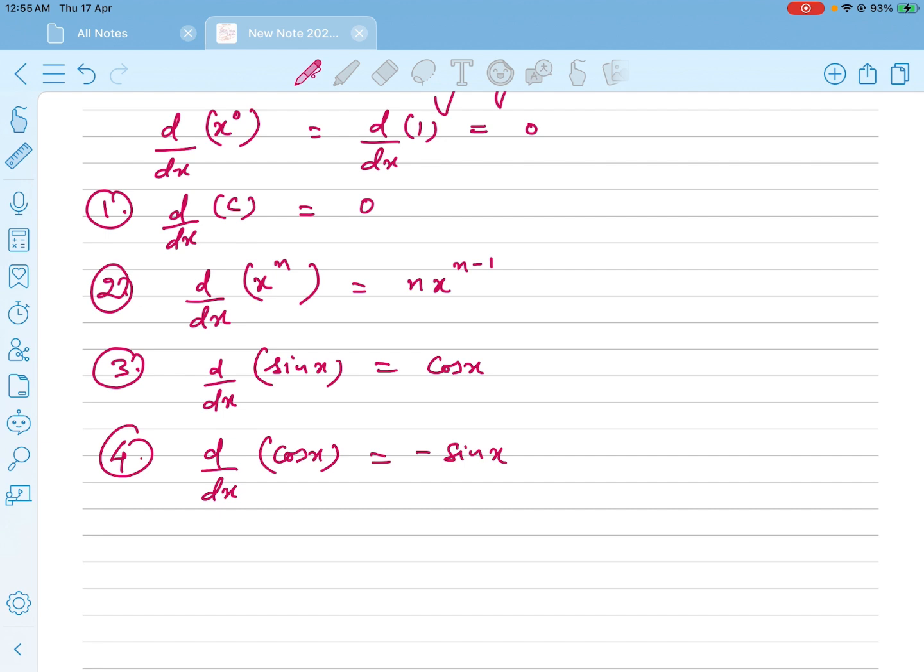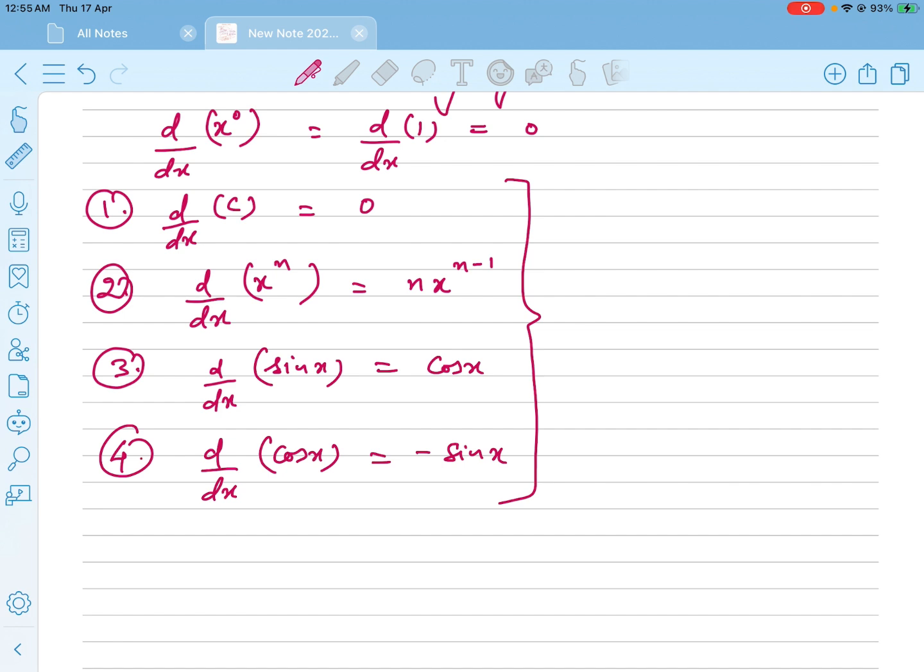So these are few formulas which we are going to make use of in solving the numericals in physics. Of course, there are many more formulas, but they will not be very useful for us.